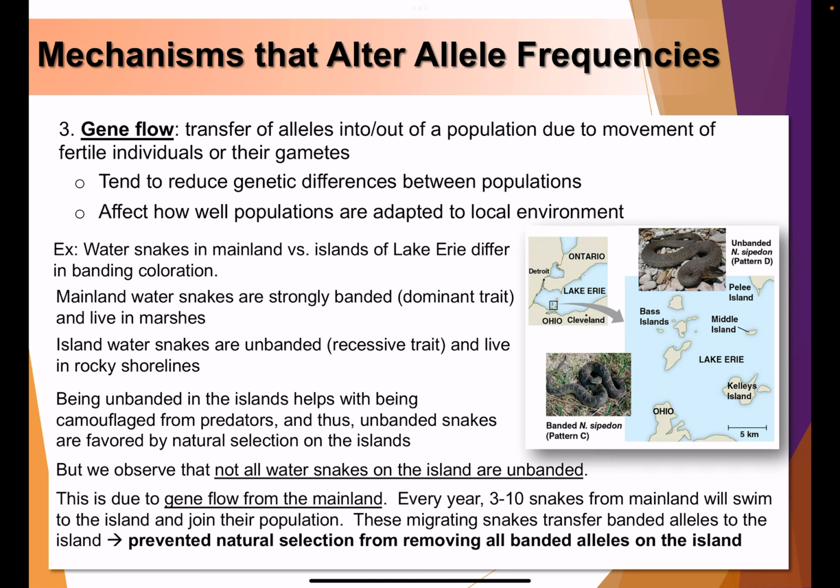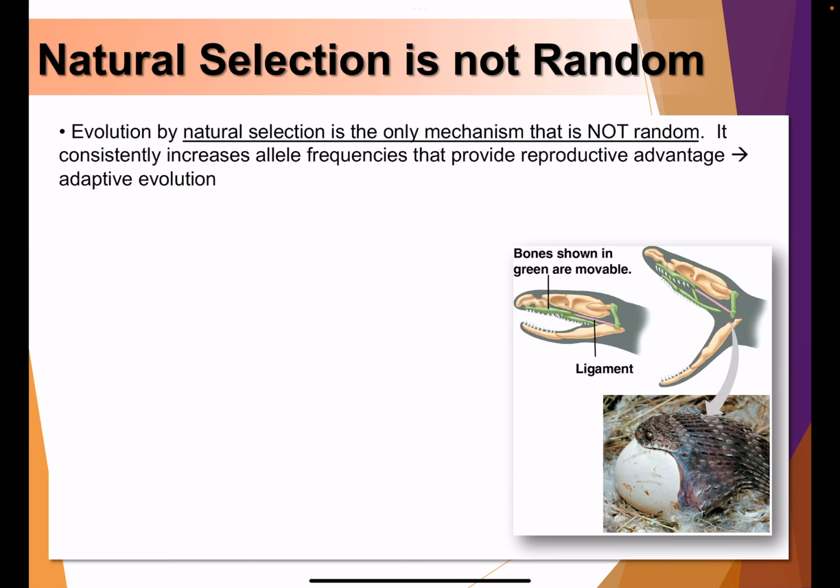Before we move on to the next section, this wraps up the 3 mechanisms that can lead to change in allele frequency, which may ultimately lead to evolution of species. So make sure you remember the definition and example from these 3 mechanisms that alter allele frequency, leading to evolution.